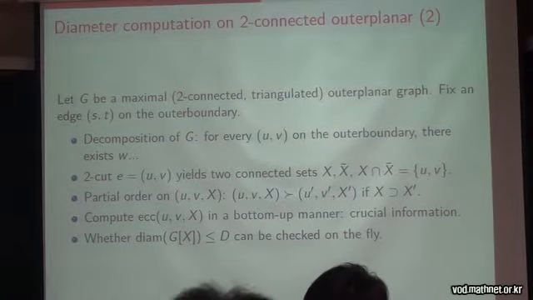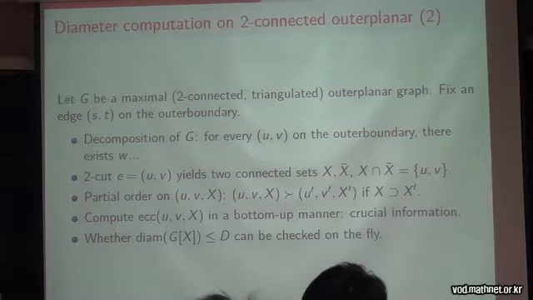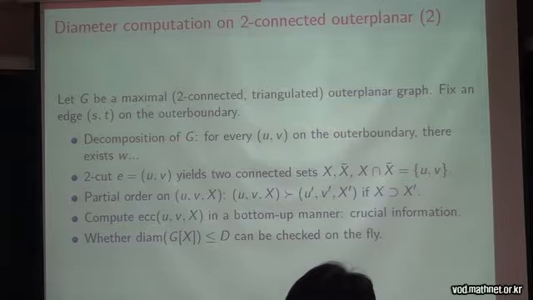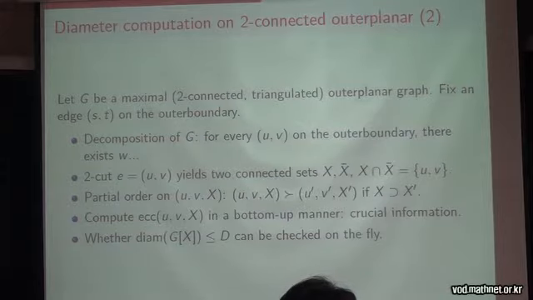Then how many such tuples can we have? For every uv, if uv is not an edge, in this maximal outerplanar graph, then you cannot define such a set x.